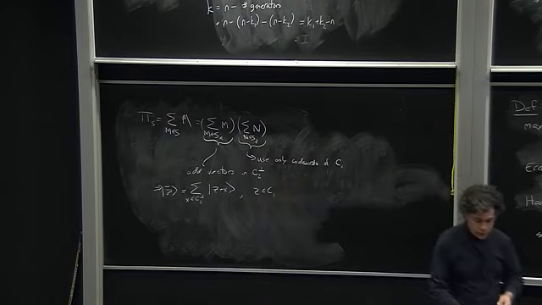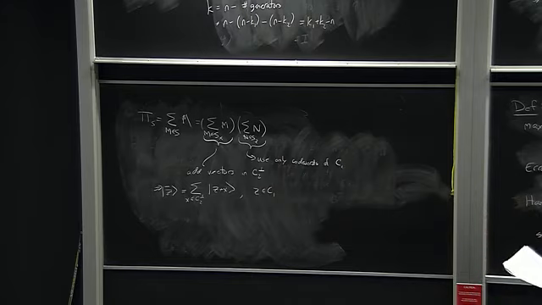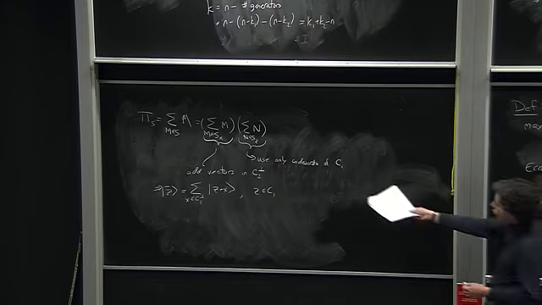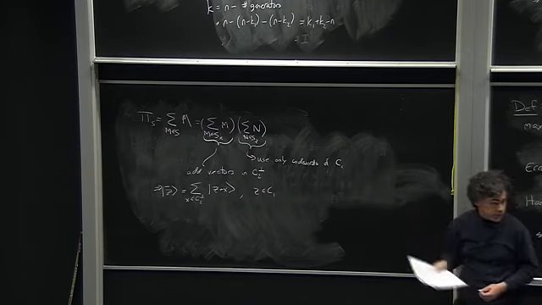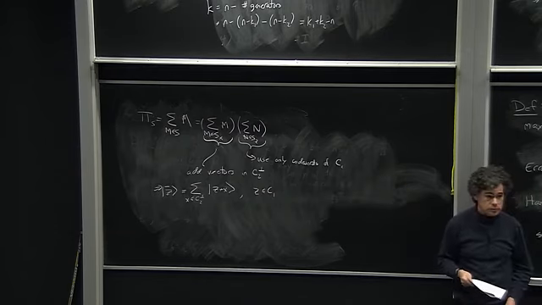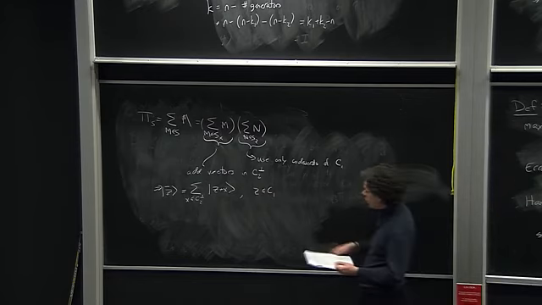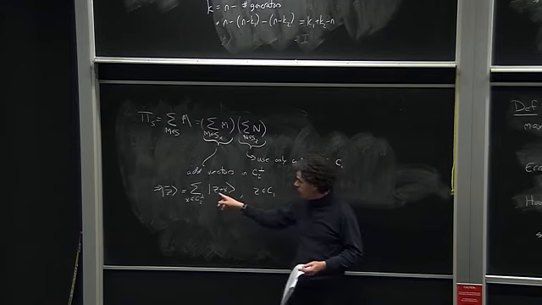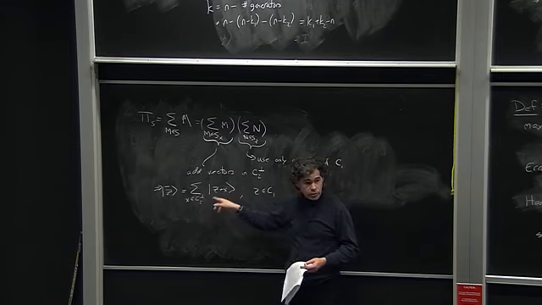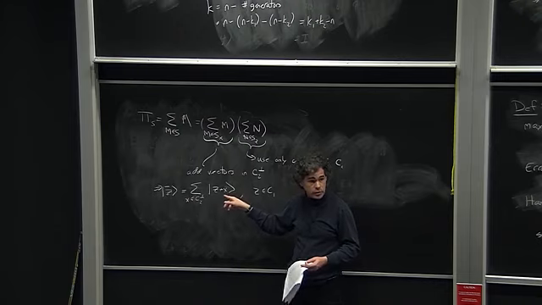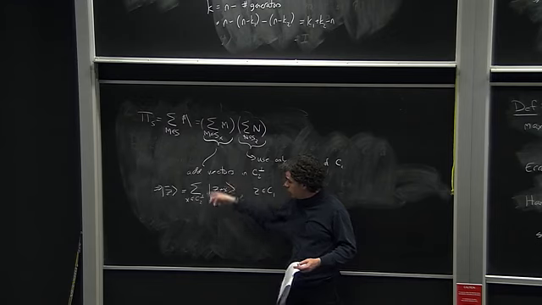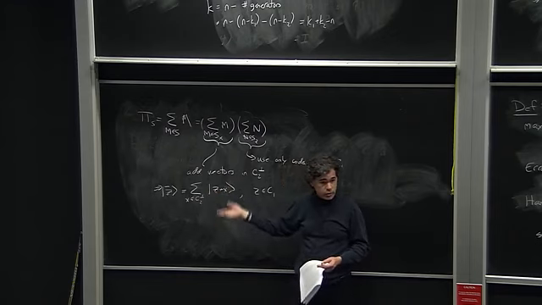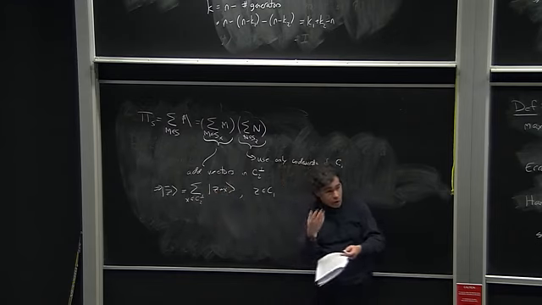Now notice that in order to have a CSS code, we needed C2 perp to be a subset of C1. I wrote that over there. And C1 is a linear code. So whenever we take this z in C1 and add in another element of C2 perp, we're getting another element of C1. So this is a sum over different elements of C1, but it's not all elements of C1.